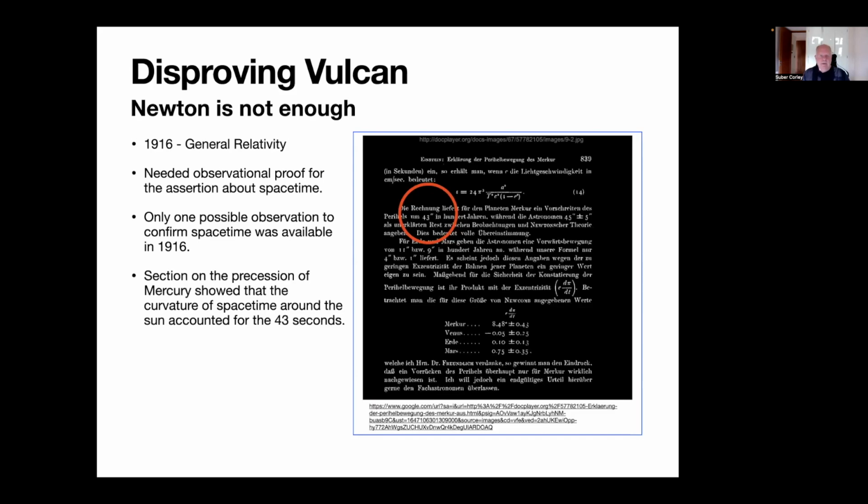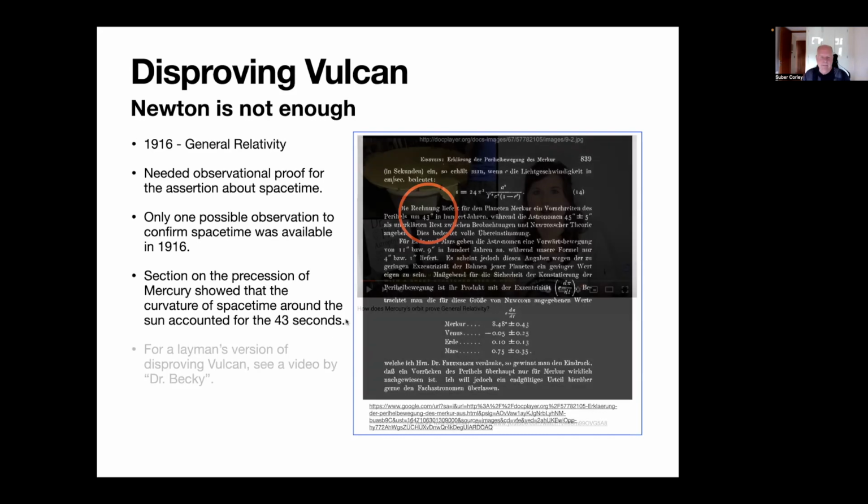When general relativity was published, Einstein actually dedicated one whole section to Mercury's precession, and this is in German, but I've highlighted in the red circle there that he did confirm that the precession of 43 seconds was explained by the bending of space-time.